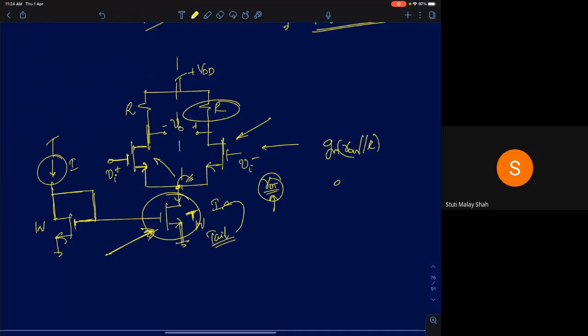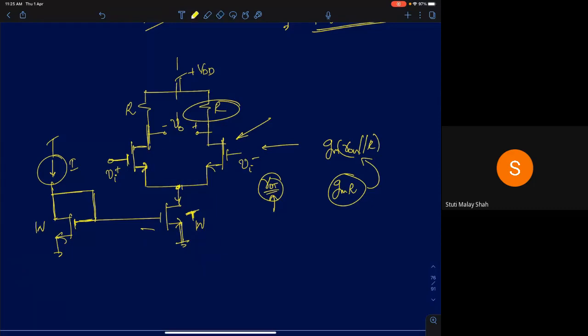If you ignore r_o, it will be approximately equal to gm times R itself. So differential gain remains the same. Even if this current source has a finite resistance, differential gain is unaffected, because this resistance falls along the axis of symmetry, so it really doesn't matter.